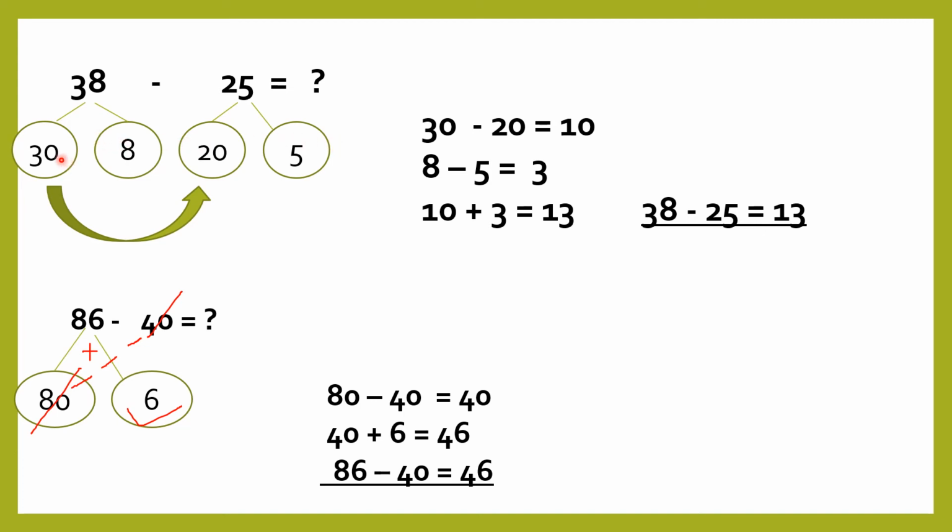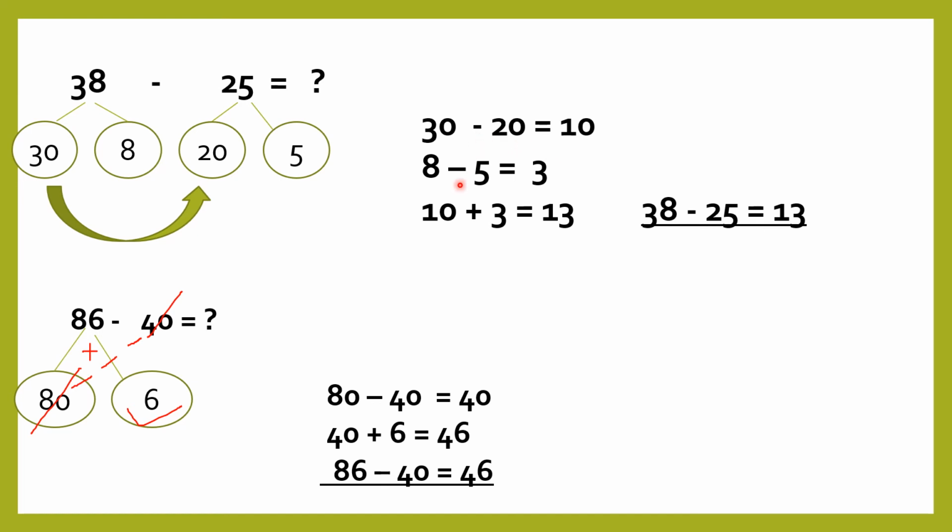Okay. Now what am I going to do? I will actually do the subtraction part. Now 30 plus 8 is 38, so there is a plus sign here, right? So I need to deal with the minus sign, so I'll start subtracting the numbers here and here. 30 minus 20 is 10 and 8 minus 5 is 3.